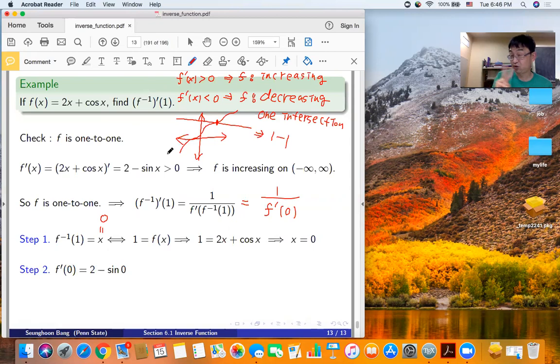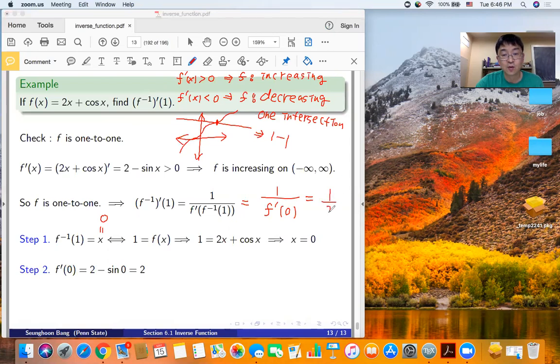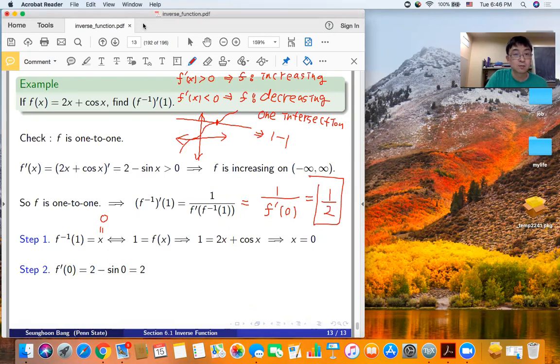You need to know these two things: sine of 0 equals 0, cosine of 0 equals 1. So this is 0, so 2. So the answer is 1 over 2. That's it. This is the whole idea. This is step 3.